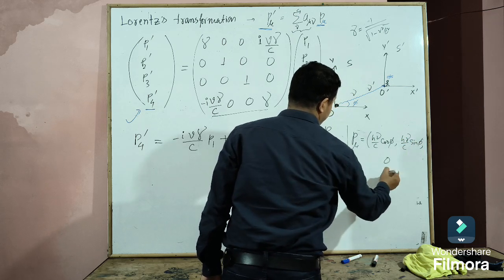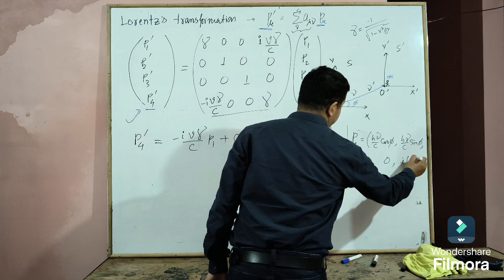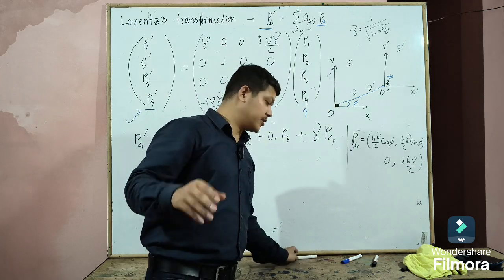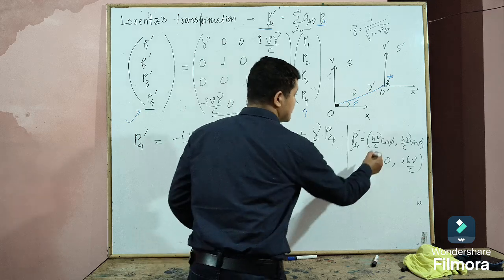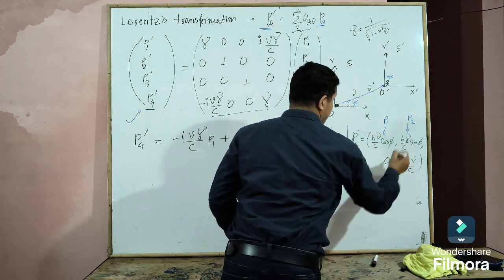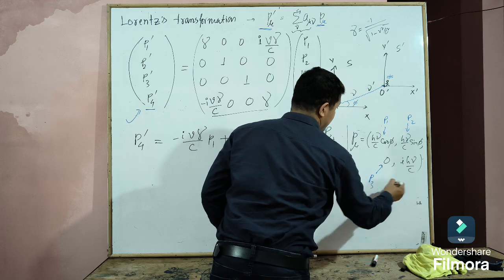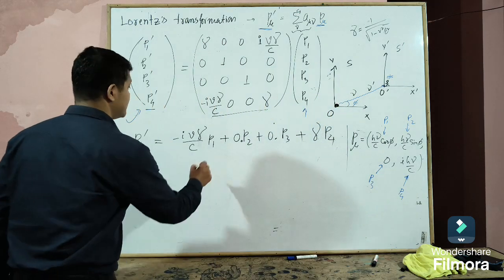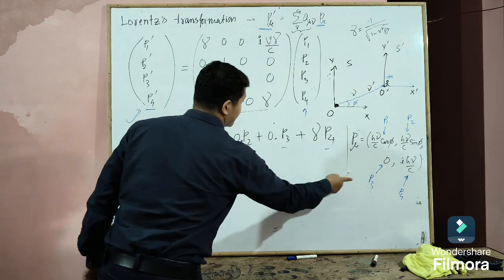Then the next component was 0, then I h nu by c. That's what we have got. We have already written that. So this is p1, this is p2, this is p3, and this is p4, right. Now let us replace these values by those.